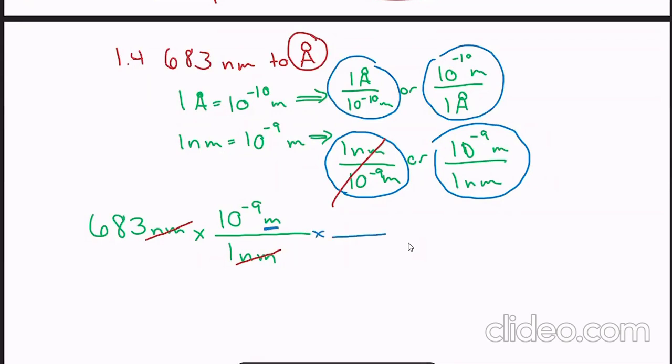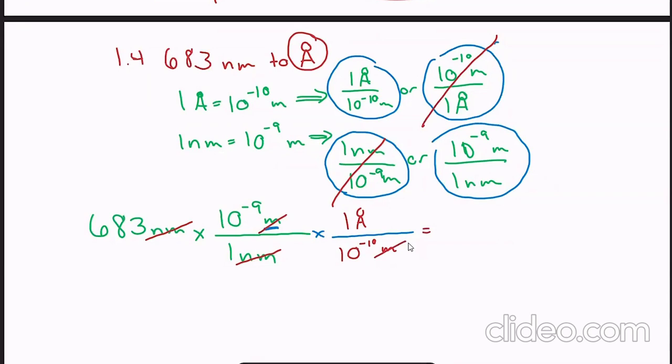That means that my meters have to be in the denominator to cancel that out. Even though they both come from the same definition, only this one will work. These units in the numerator cancel out these units in the denominator. And now that we've canceled those, we can go ahead and calculate that answer.